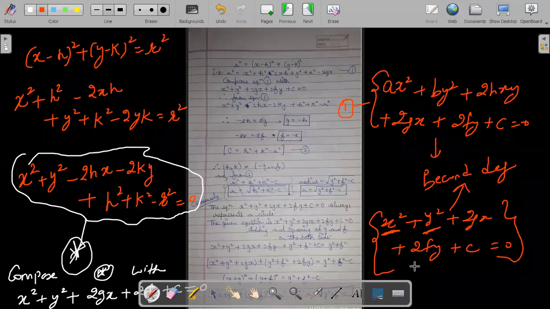Coefficient of x square and coefficient of y square. Here you see 1, but above what is there? a and b. So it is important that the coefficient of x square and coefficient of y square should be the same. Reason being, if both are a, I can divide the whole equation by a, and we will get x square plus y square, right?